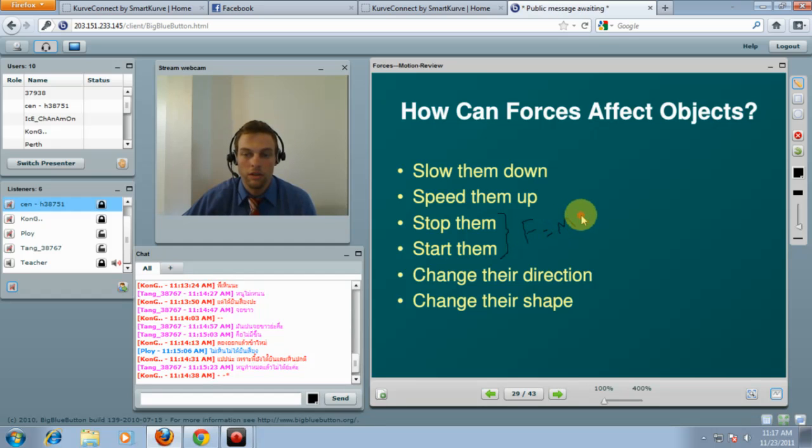So if you have this object with a certain mass, and you know its acceleration, you can find out how much force you'd need. How much force is it exerting? You know this, and that's how you find out how much force you need to stop something.